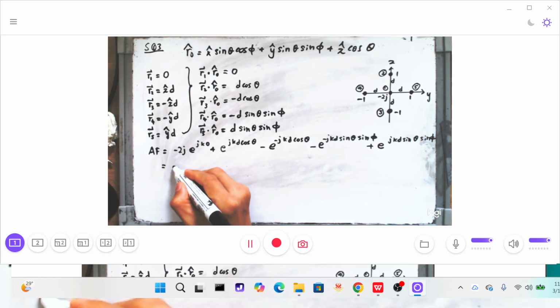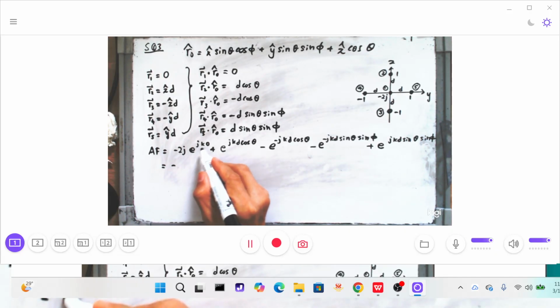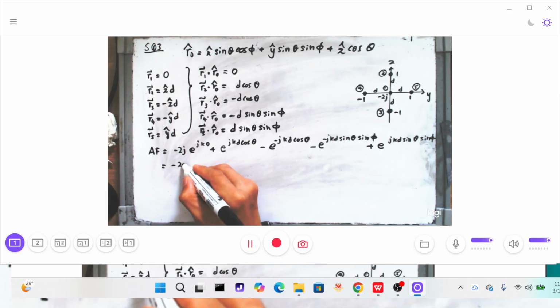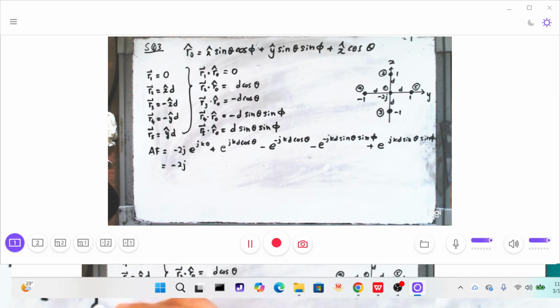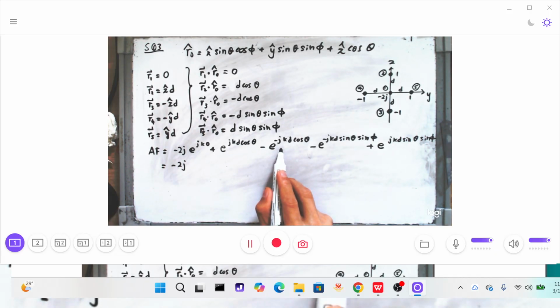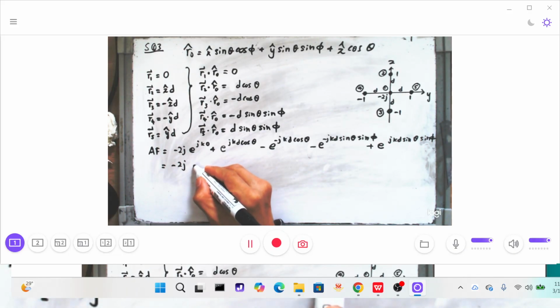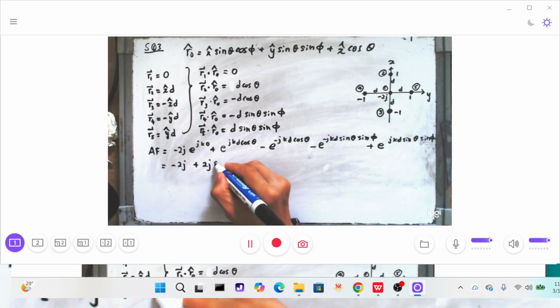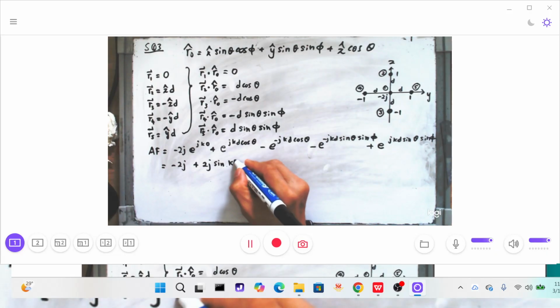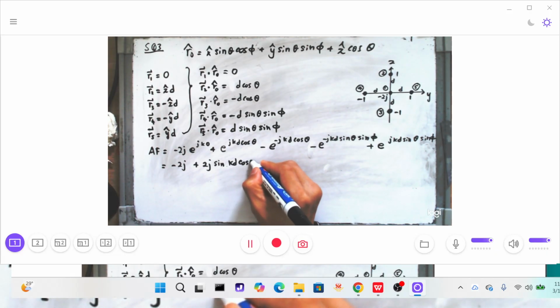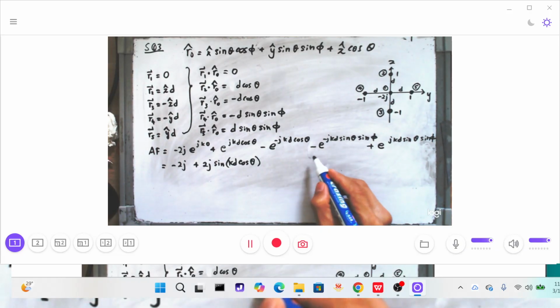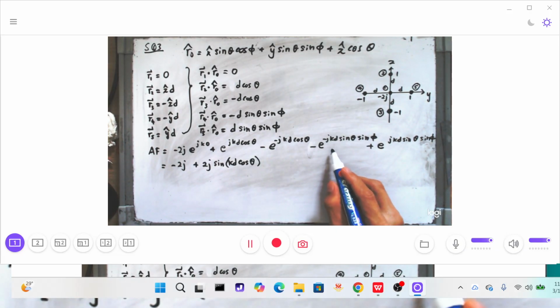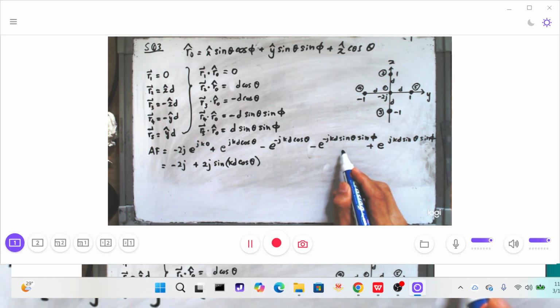For the first term, e to the power 0 is 1, so minus 2j. The second term and the third term can be combined. When you combine it, then it will become 2j sine kd cosine theta. The fourth term and the fifth term can also be combined.